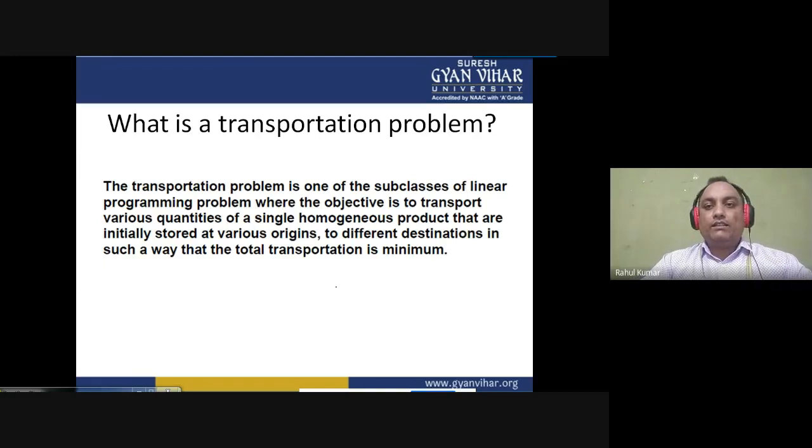And a related problem is when you want to send items from Jaipur to Bikaner, or Jaipur to Jodhpur, or Jaipur to Ajmer, but the item is the same and the destination cities are different.